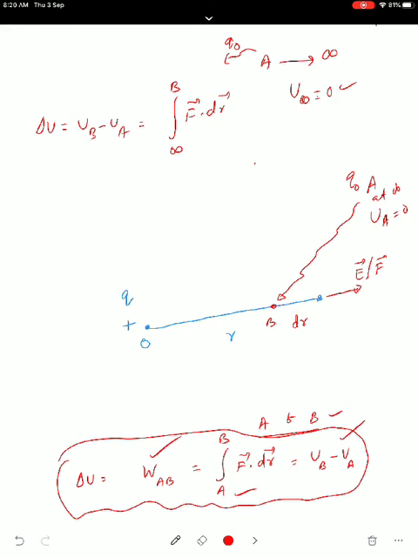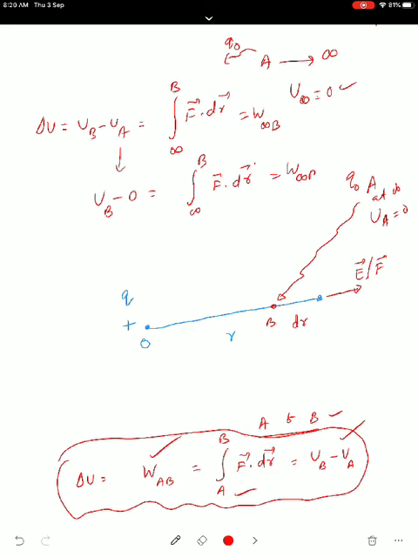And this is equal to work done from infinity to the point B. But potential energy at infinity is taken as 0. So potential energy at the point B minus 0 is equal to integral from infinity to the point B of F vector dot dr. So this is measured by which equation?